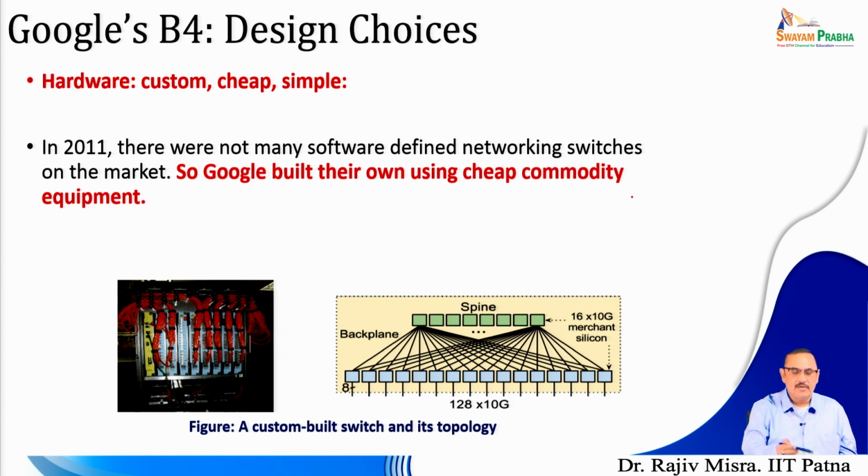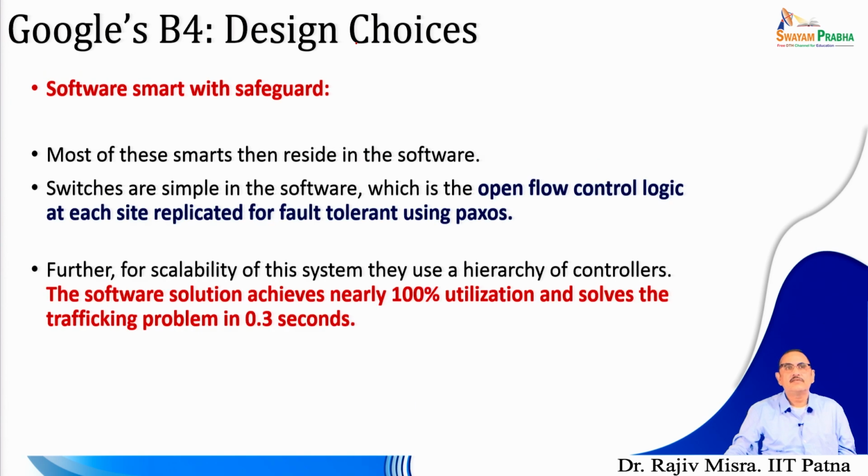The hardware is custom, cheap and quite simple. In 2011, there were not many software defined network switches on the market, so Google built their own using cheap commodity equipment, and the software is smart with safeguards; most of the smarts reside in the software.